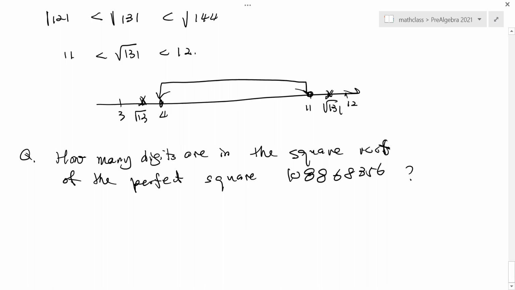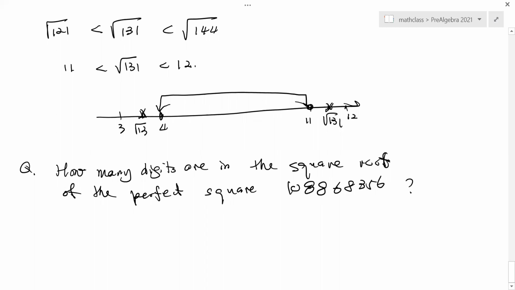So how do we estimate? We have to count how many digits are here already: 1, 2, 3. In total it's already 9 digits.